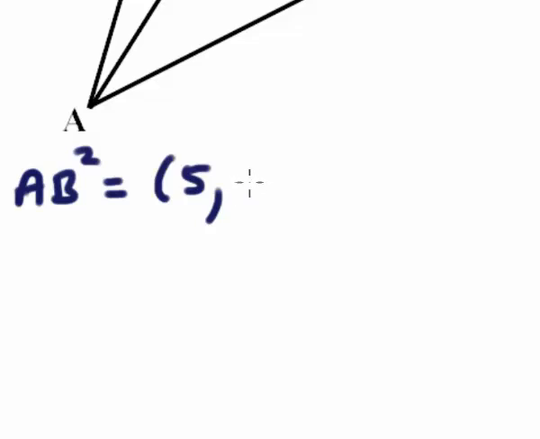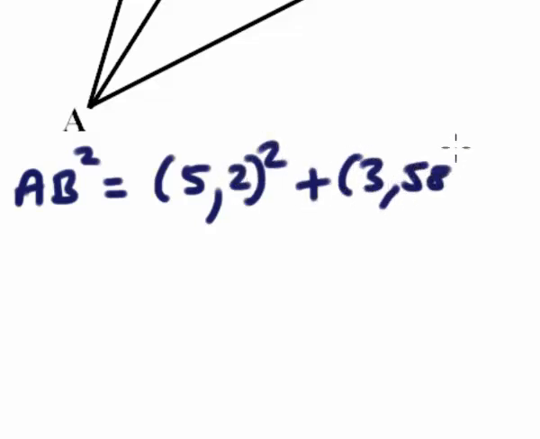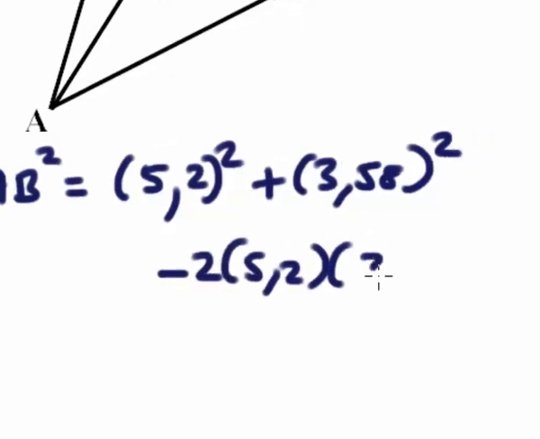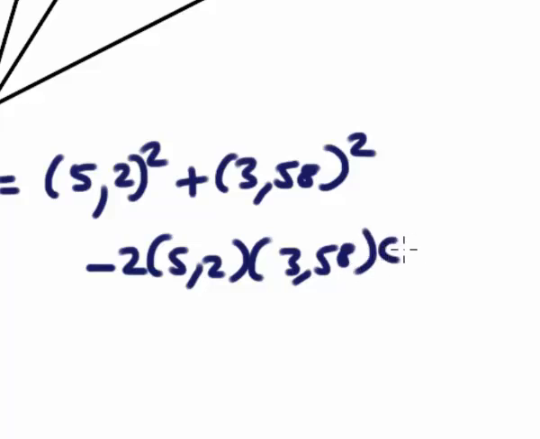If you want the length of AB, then AB squared is equal to 5,2 squared plus the 3,58 all squared, subtract 2 multiplied by those 2 sides, the cos of that included angle.